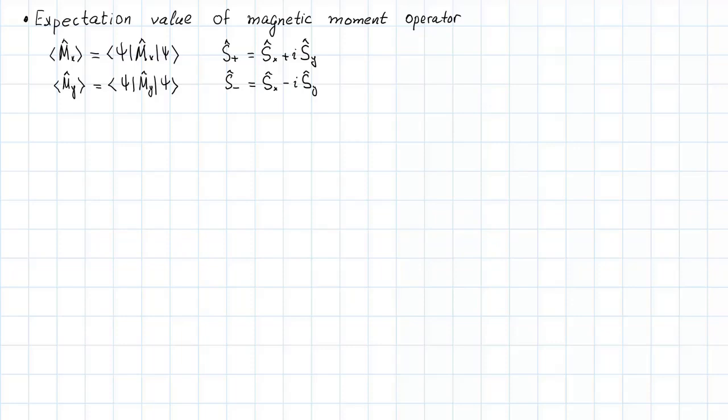Just to remind, the action of the S plus operator on the spin-up vector is 0. The action of the S plus operator on the spin-down vector gives us the spin-up vector. Similarly, the action of the S minus operator on the spin-up vector gives us the spin-down vector, and the action of S minus on the spin-down vector yields 0.